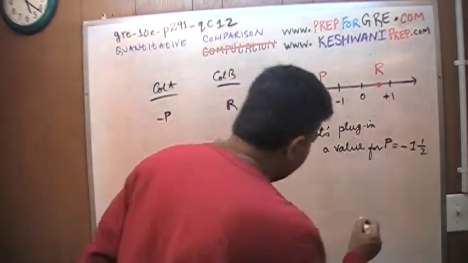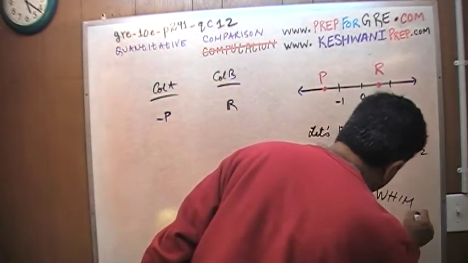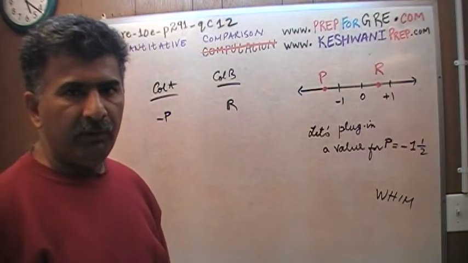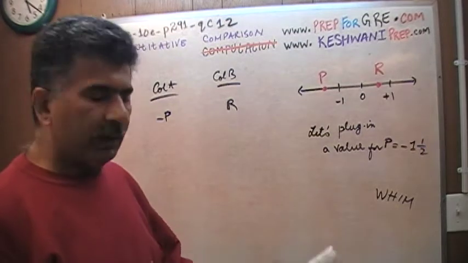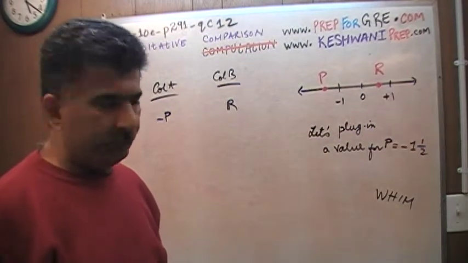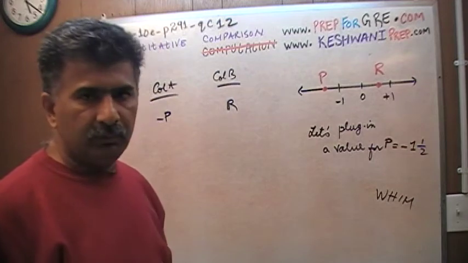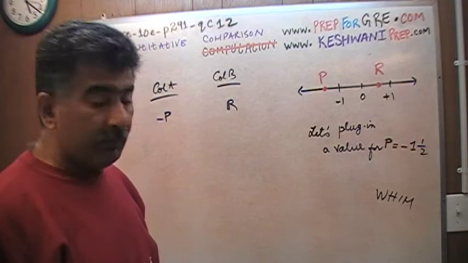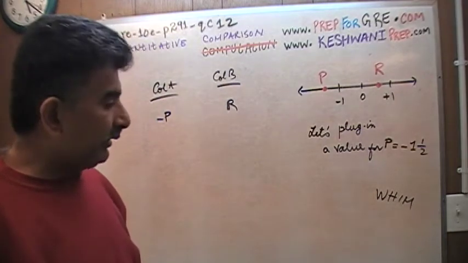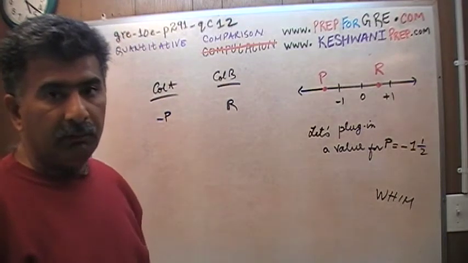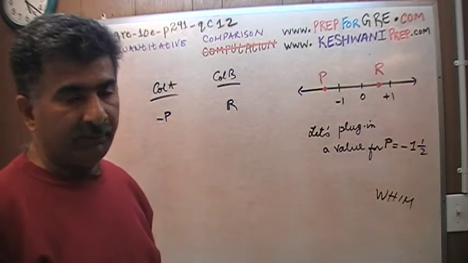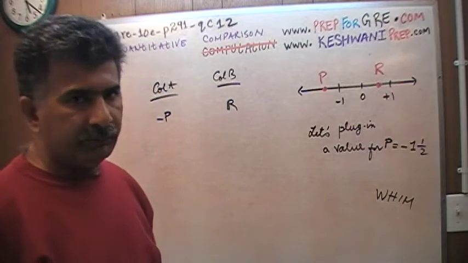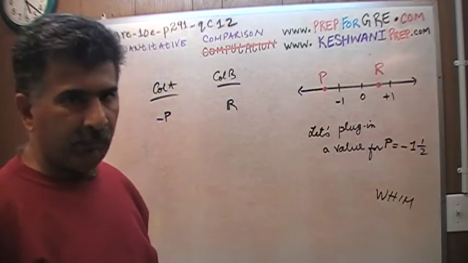And of course, if you don't know these words, it does not hurt to open a dictionary and learn them. Vocabulary is very important for the GRE. Of course, I understand that these are simple words, but I'm doing it for the benefit of those whose first language might be other than English. Or even if your first language is English, you may not have sufficient vocabulary to do well on the exam. Notice, to do well, not to do good on the exam. And therefore it does not hurt to work on one's vocabulary.